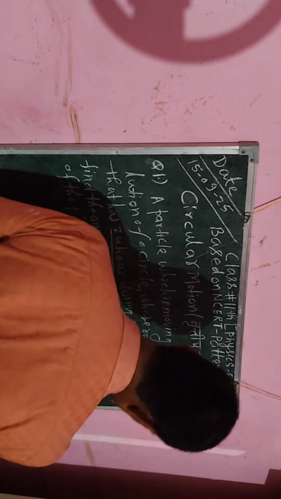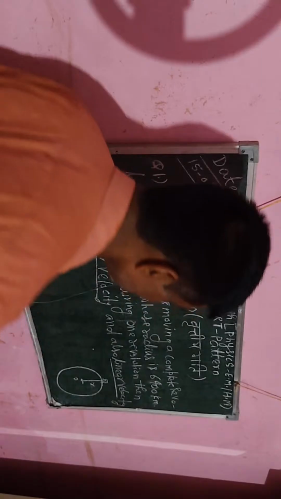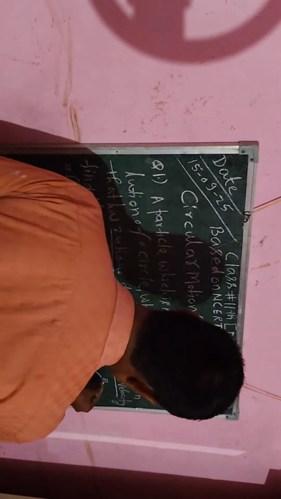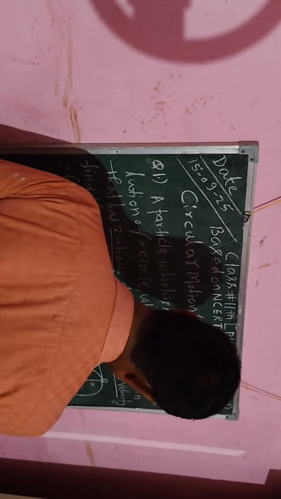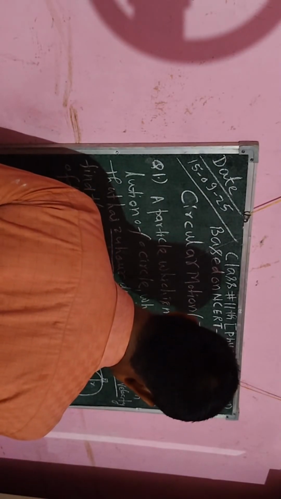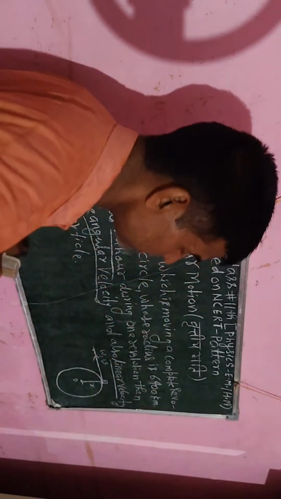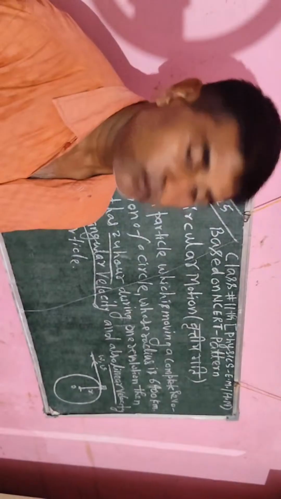Now we have to find angular velocity of the particle and also linear velocity of the particle. Both requirements I have to find here positively.